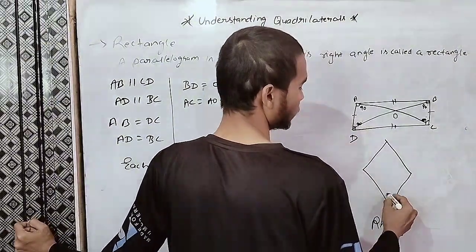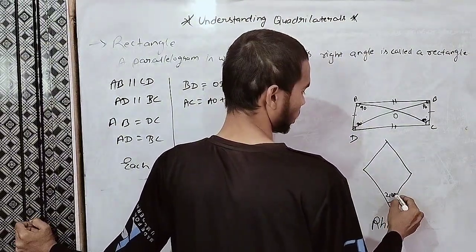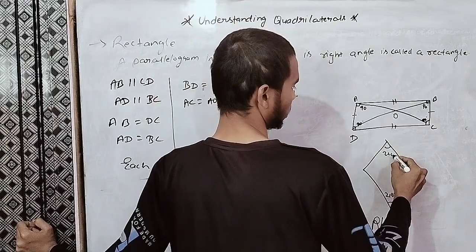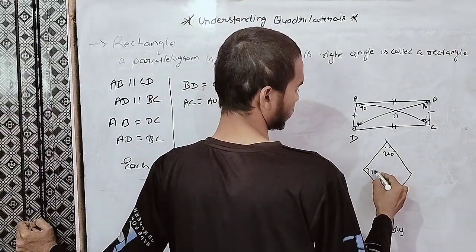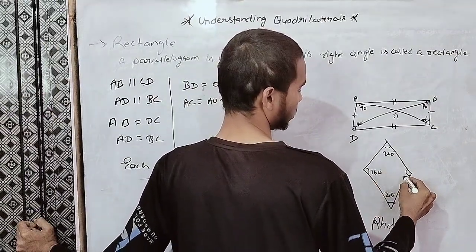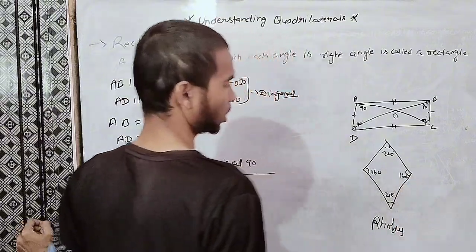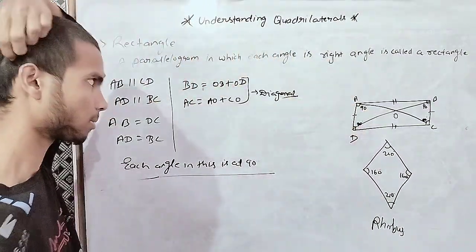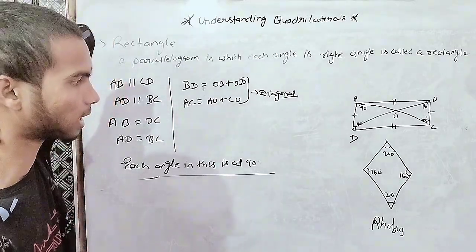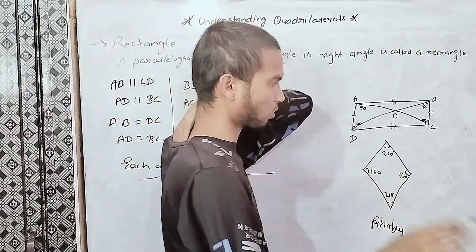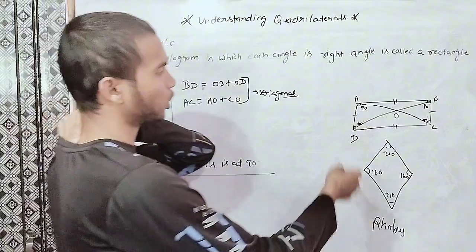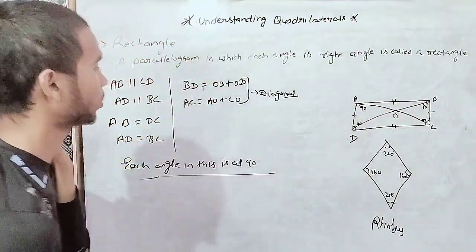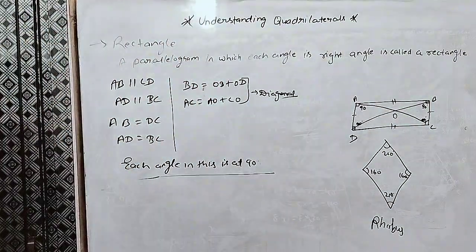So the angle of this is, let's suppose, 200, and this will be, let's say, 160. But in this diagram, each angle is 90 degrees. In the rhombus, two angles are equal to each other, and the other two angles are equal to each other.